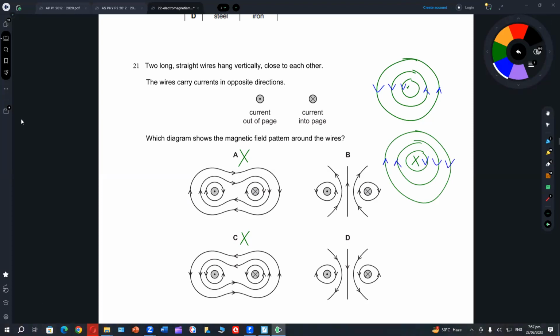Now memorize this. Copy these two diagrams. Copy it comfortably, and this will be the last question for today.